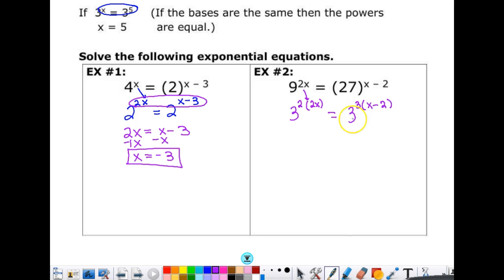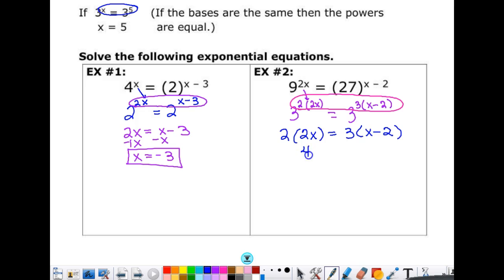Now both of the bases are the same, and we can set up our exponents to be equal. So we're going to say 2 times 2x equals 3 times x minus 2.